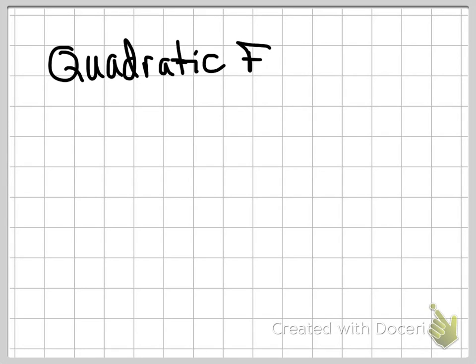So first of all, quadratic functions. You have the input value is always going to be squared.